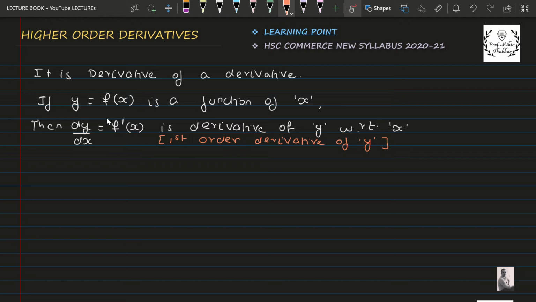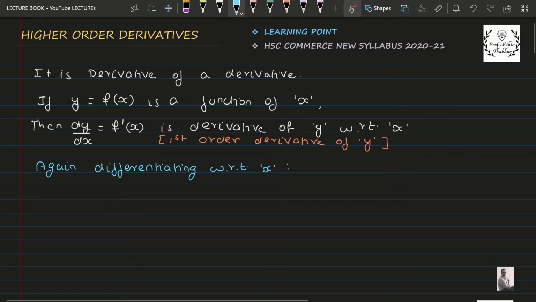Now, when we differentiate this derivative one more time, it will give us the second order derivative. So let us see how we represent the second order derivative. In order to differentiate again, we say again differentiating with respect to x.